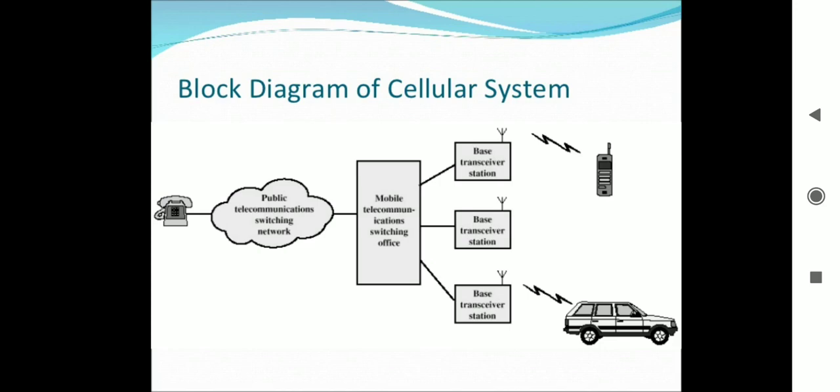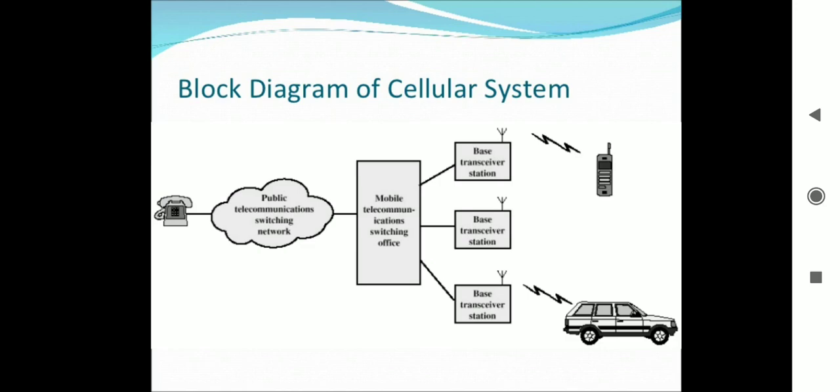The cell base stations were placed on tall buildings. You can see at a particular building there is a base station assembly, or on mountains, transmitting at very high power with a cell coverage area of several square miles. These large cells are called macro cells.